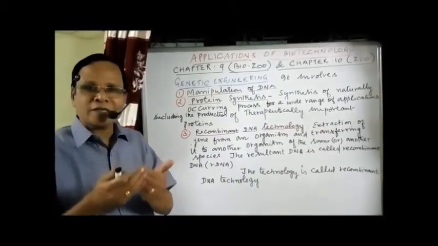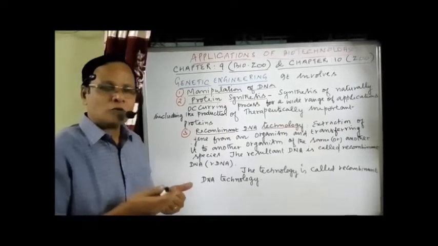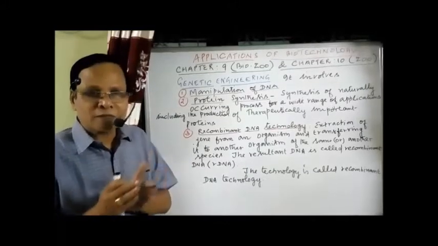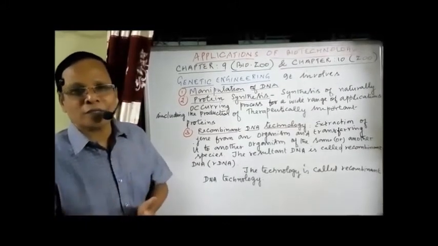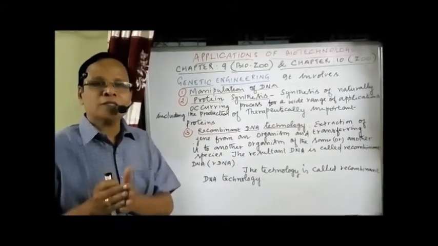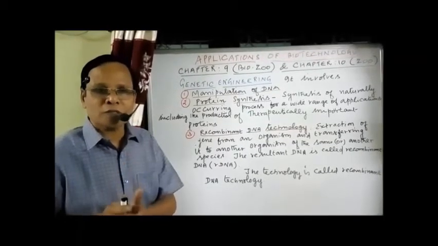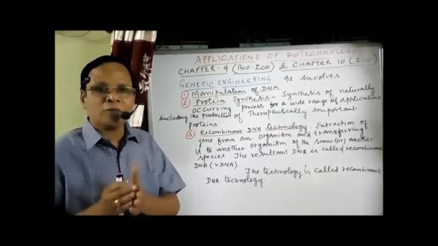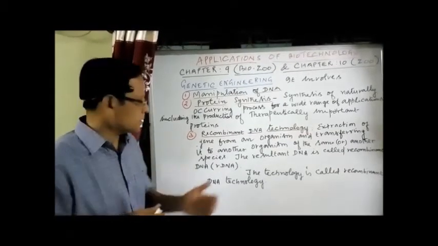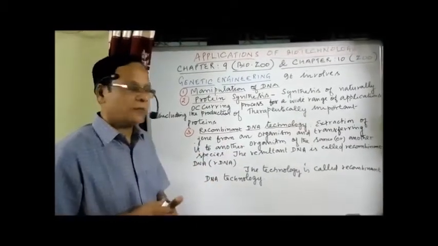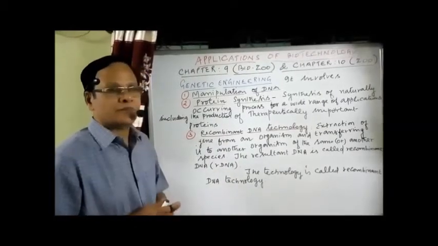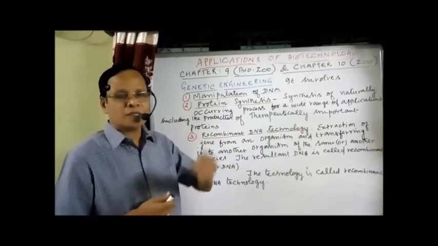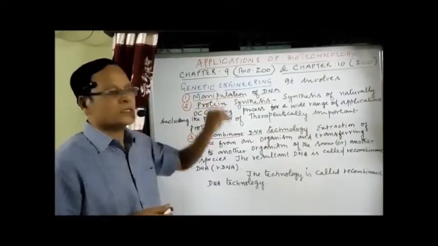We extract that gene from the beta cells of the islets of Langerhans and transfer the gene to another organism. The organism may be of the same species or a different species. The resultant product is called recombinant DNA or rDNA. The technology is called recombinant DNA technology. It comes under genetic engineering.